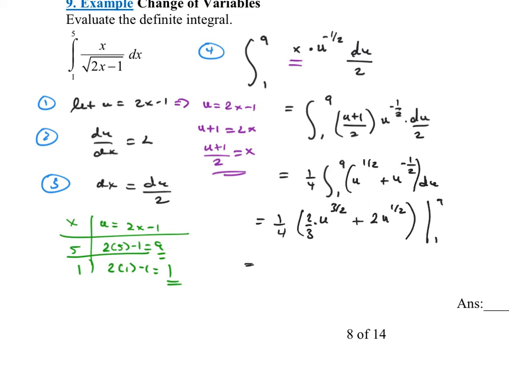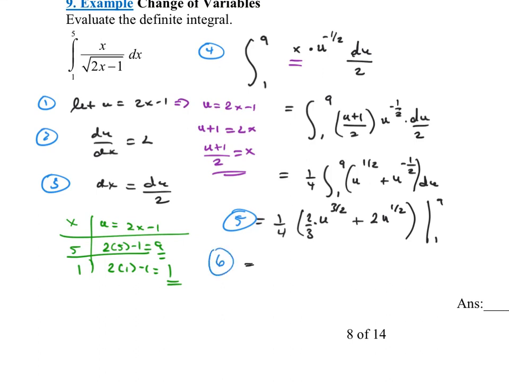Again, the beauty of this is we no longer need to back substitute for u because we changed our limits of integration. So step 5 right here is where I actually integrated. Okay, now I'm moving on to step 6, which is just evaluate it.